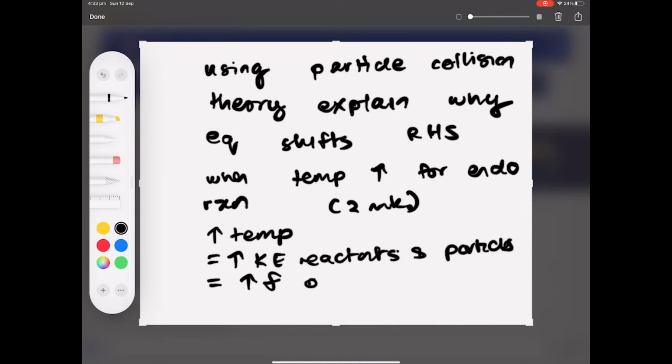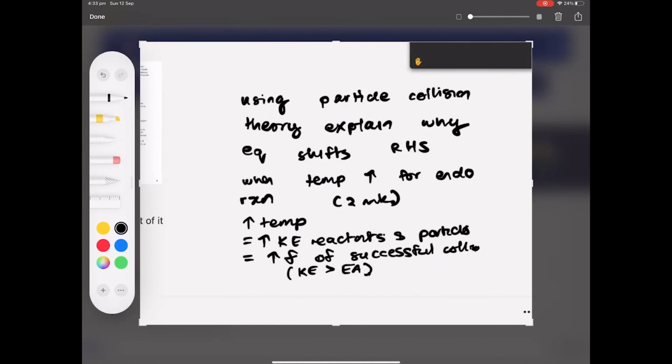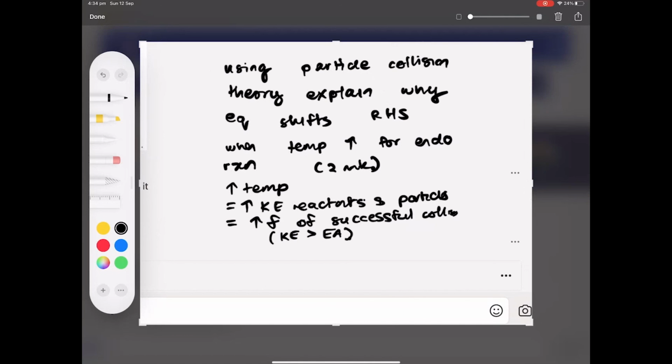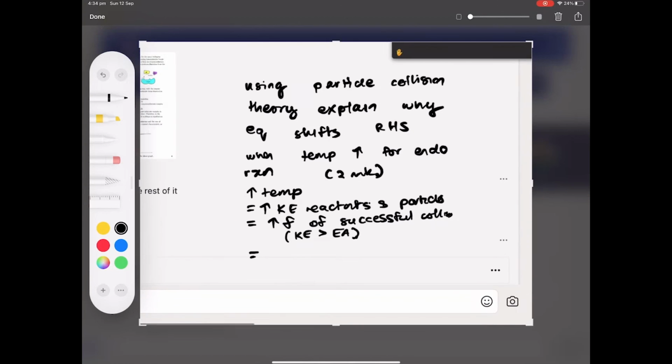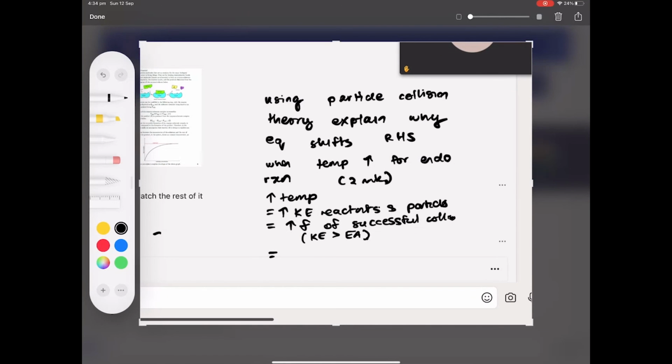This increases both the forward and reverse reactions. However, since the forward endothermic reaction has a greater Ea than the reverse exothermic reaction, the increase in temperature will result in the rate of the forward reaction being increased to a greater extent. This results in the equilibrium shifting right.